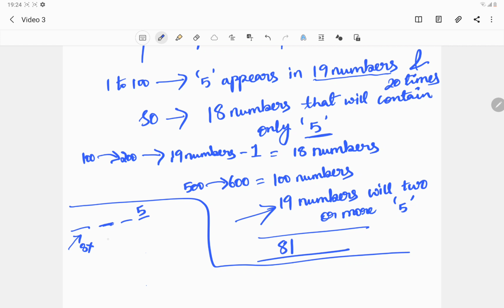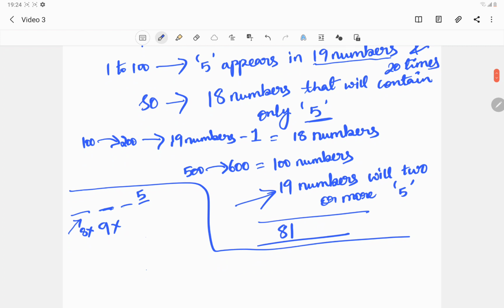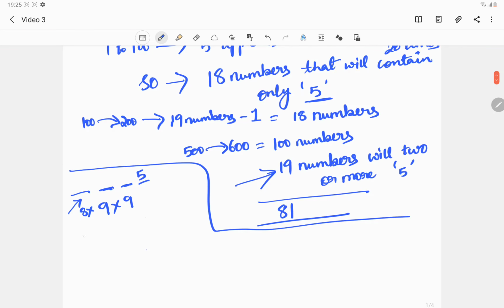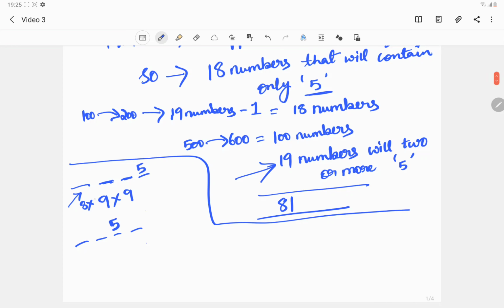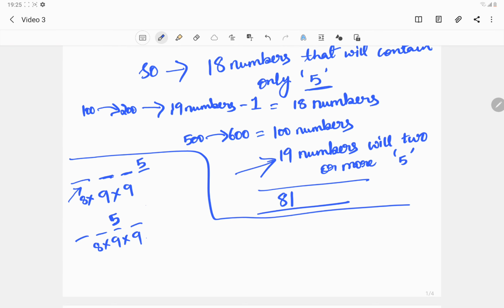And to fill this hundreds place, 9 choices I will have. And to fill this place, that is the tens place, I will have again 9 choices. Similarly, when 5 appears in the tens place, the case will be the same, 8 into 9 into 9.